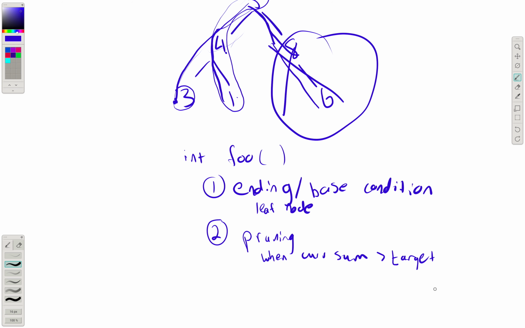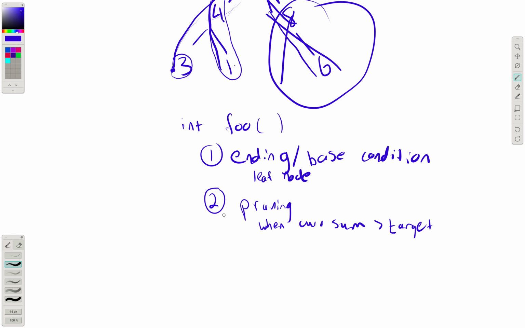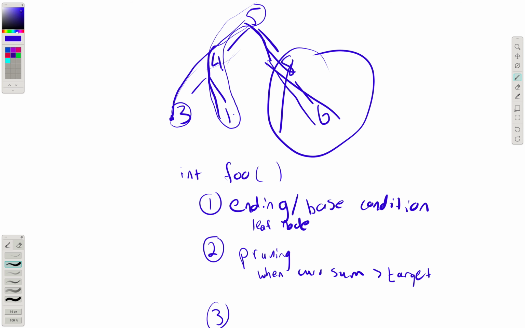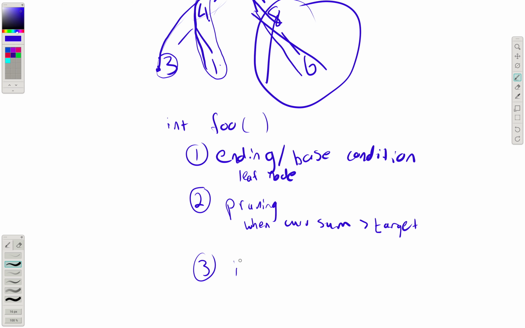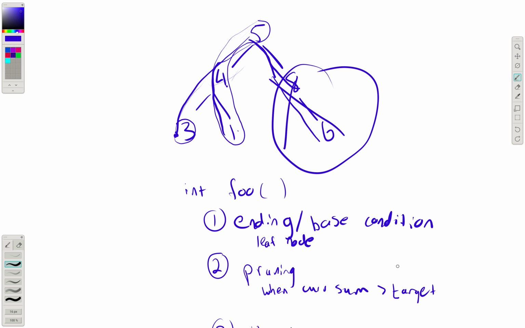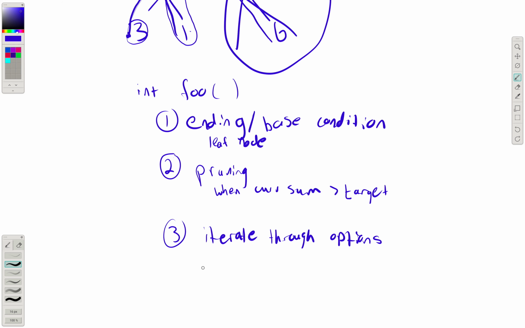And then 3 is how you iterate through this tree. Here, for example, we're literally given a tree, so you know how to iterate. Sometimes with depth first search, it's not obvious how you iterate through options. But we're literally given a tree, so what we can do is just iterate left, do something on the left, and do something on the right.